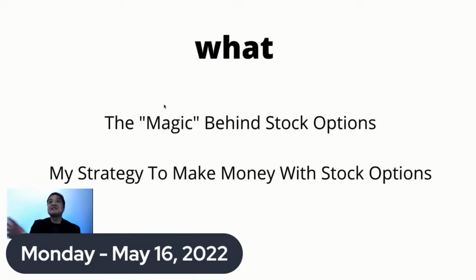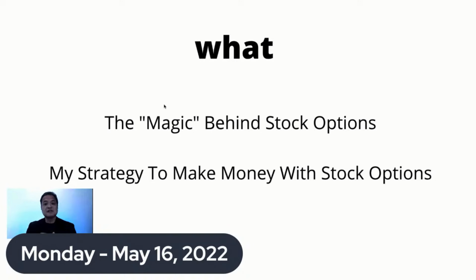So, in this video or in this live session, I'm going to explain to you what's the magic behind stock options. And I use the quotes around magic because it's not really magic, right? All the information is out there. It's a very regulated and controlled process, trading options. There's no secret about it. There's no magic per se. It's that some people have taken the time to understand how options trading works, and they apply that knowledge to their trading activity.